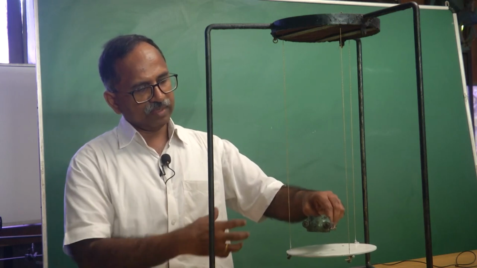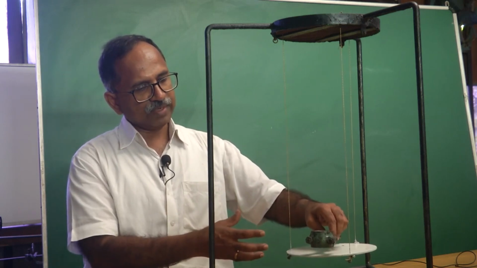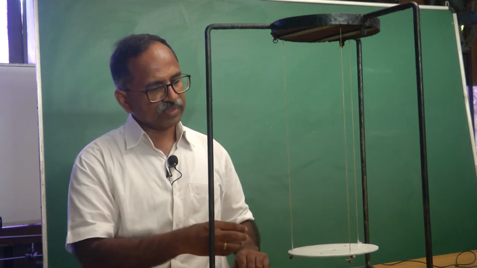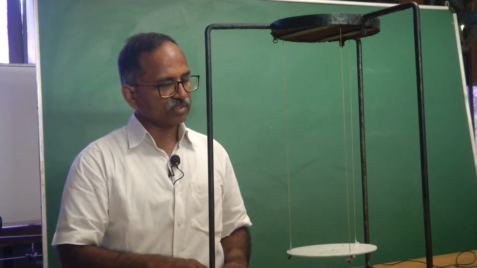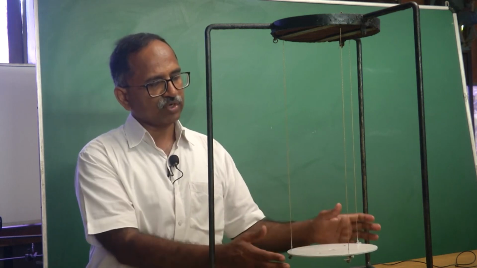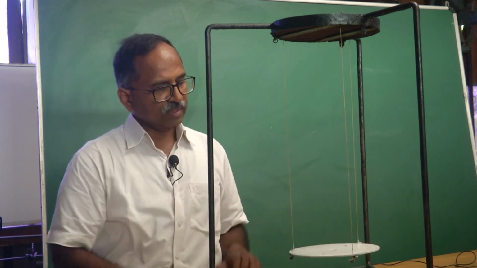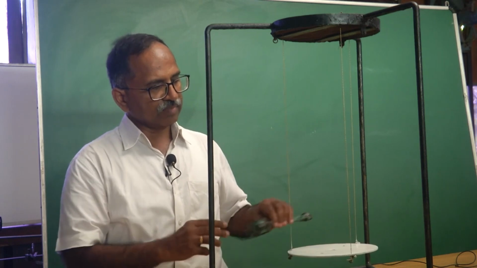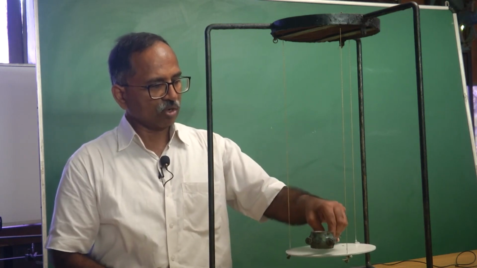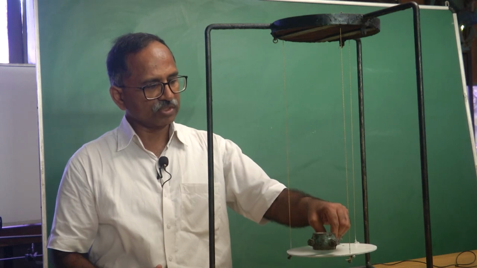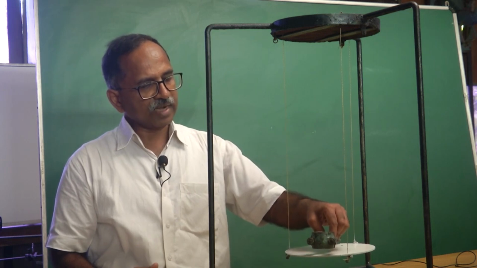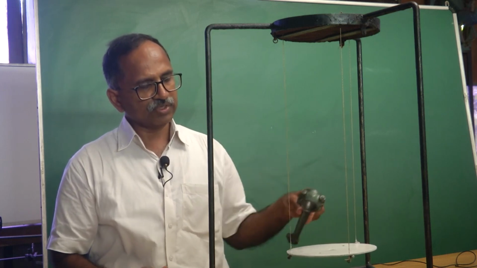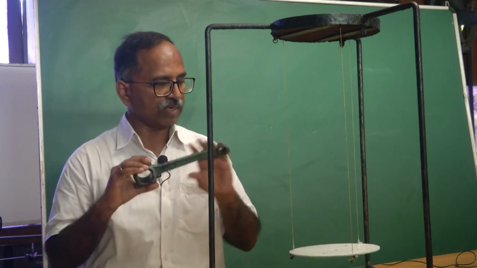Now, I will get one reading by placing this onto the plate and another reading I can get without the body in place. So, what I will have from the first measurement is the mass moment of inertia of only the plate, whereas by putting the unknown body, the body whose mass moment of inertia is to be obtained, I will get another period of oscillation of this trifillar pendulum, and that will give me the total mass moment of inertia of this body plus the plate.